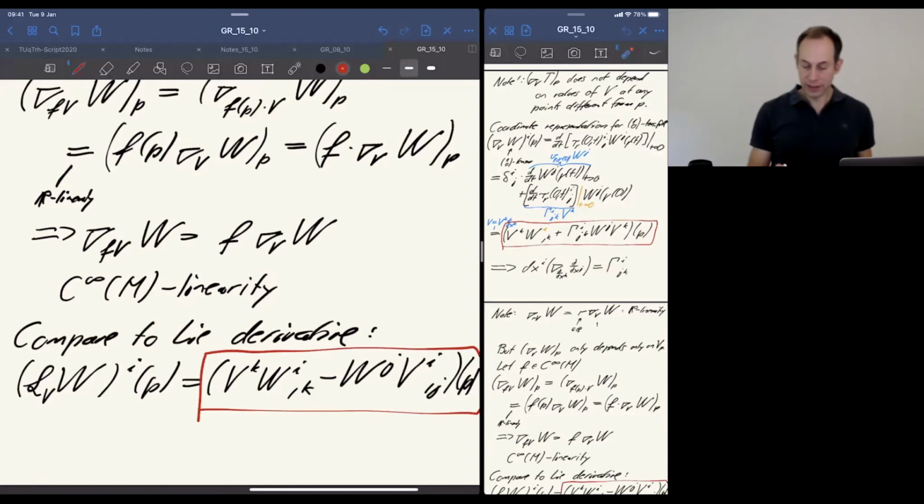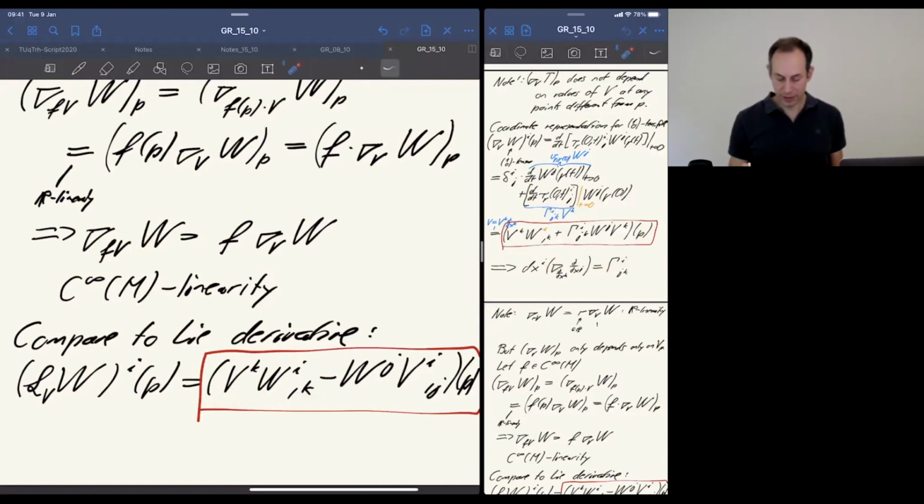Then what you will see is that the first part of the expression, the first term, is actually exactly the same. So, in other words, if you take the Lie derivative or the covariant derivative, in both cases we have a term that has these partial derivatives of the component of the vector that we derive. But then there is a second term, and in the case of the covariant derivative, this second term now depends on this additional structure that we imposed, which tells us what it means to transport something in parallel.